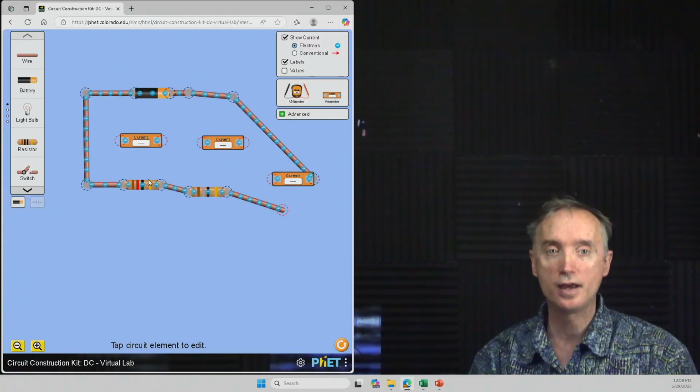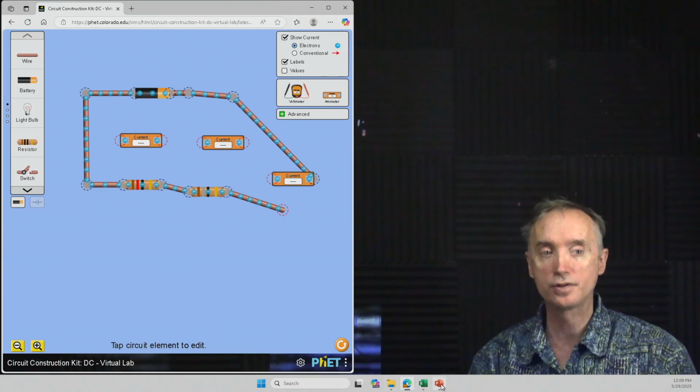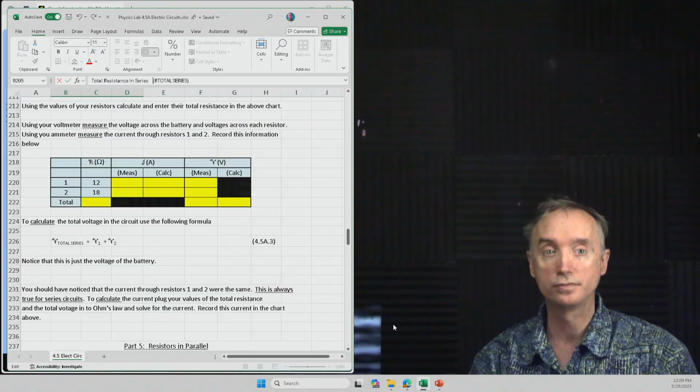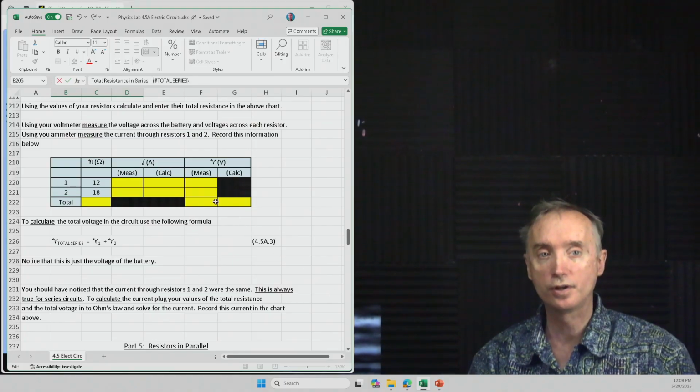You'll notice that you have a voltage here and a voltage here, and when you add those two numbers together, you get the voltage that's coming out of the battery. That is always going to be true for series circuits. So you're going to have your voltages here, and your two measured currents here, and then now you can put in this number down here.